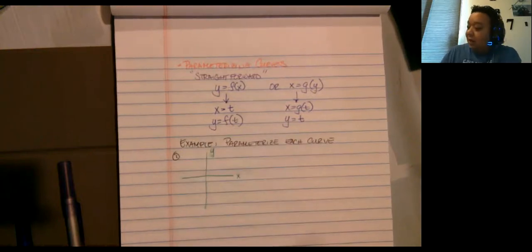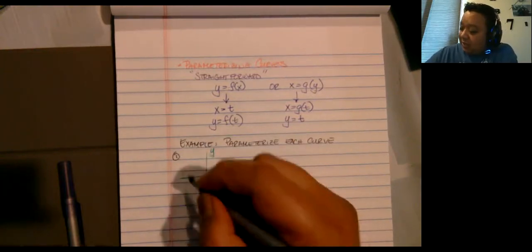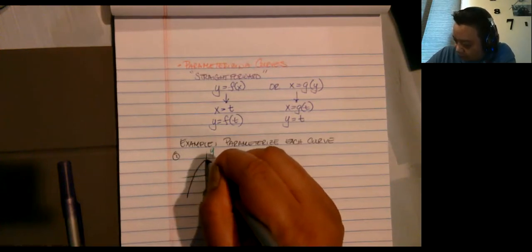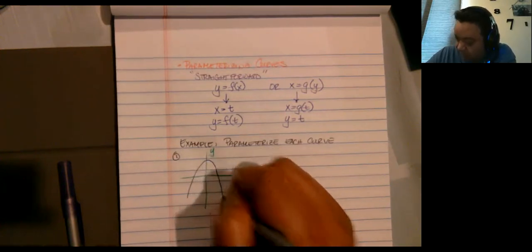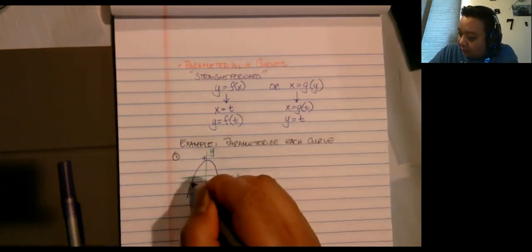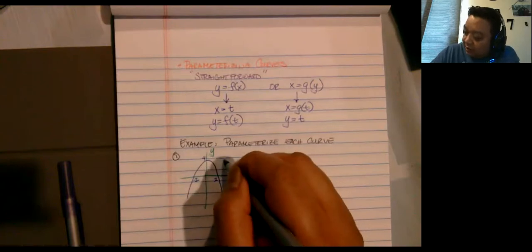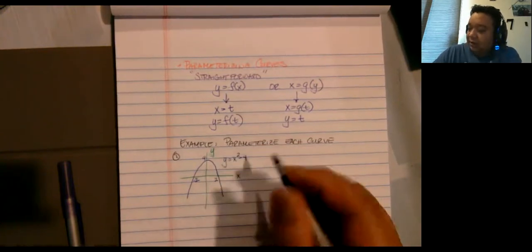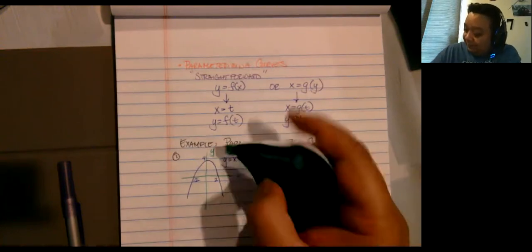So here's your x and your y. Obviously you're going to be given a curve. This one is 4, this one is 2, this one is -2. So this is y equals 4 minus x squared.